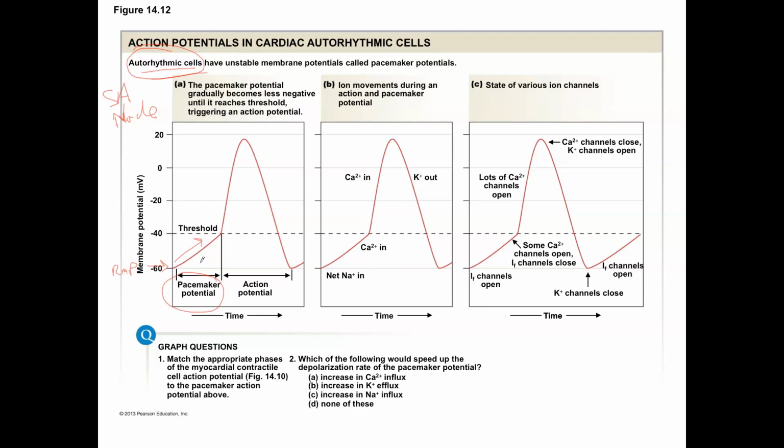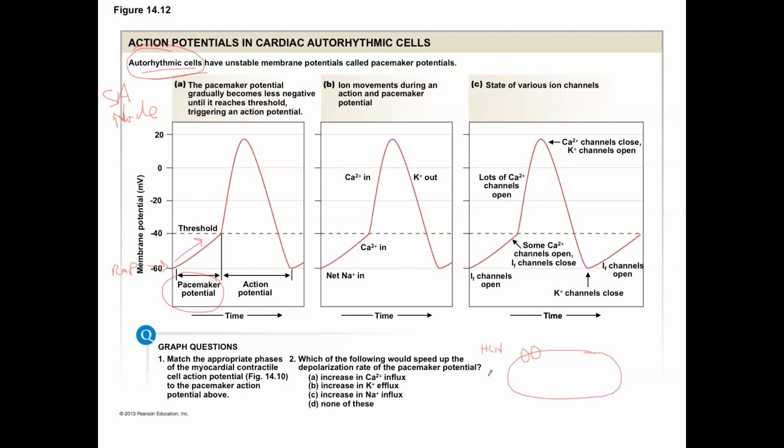So there's this slow movement towards threshold known as a pacemaker potential, and it's because of the types of channels that we see within the SA node cells and other cells of the conduction system. If we were to look at an SA node cell, what you would actually see is specific types of channels known as HCN channels. HCN stands for hyperpolarization-activated cyclic nucleotide-gated channels.